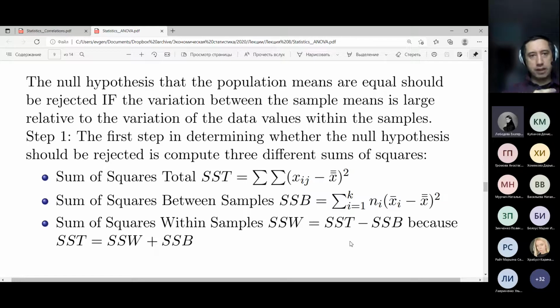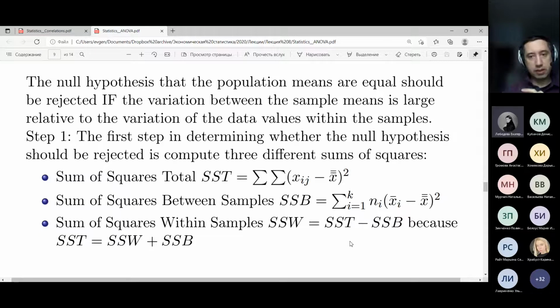To run the ANOVA test, we have to work with variations, and on the basis of variation comparison, we make a choice between null and alternative hypothesis.